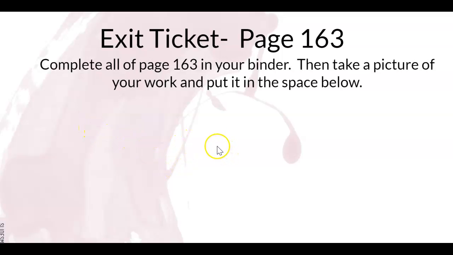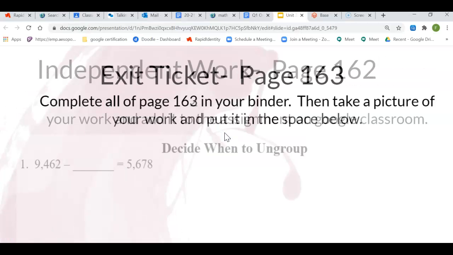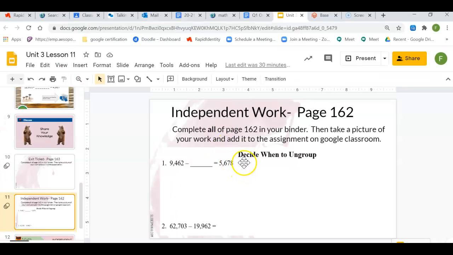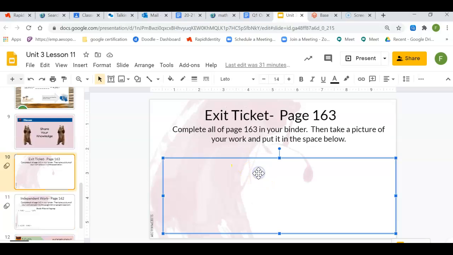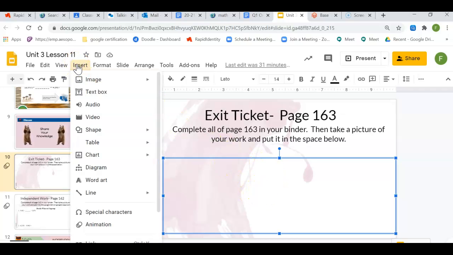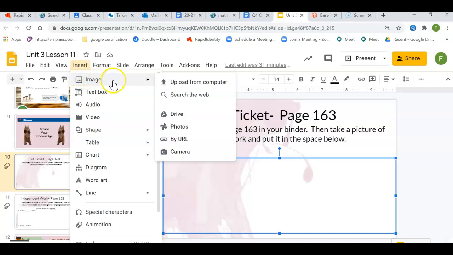And when you take a picture of your work on that particular page, I want you to go in and add it to this slide. Okay, so you can insert your image, take a picture of it, and then you can insert it right here. Remember, we used to insert and then image, and now you can actually use the camera right here to take your picture.